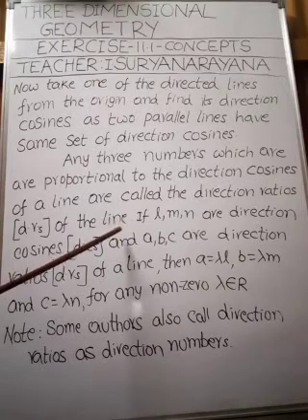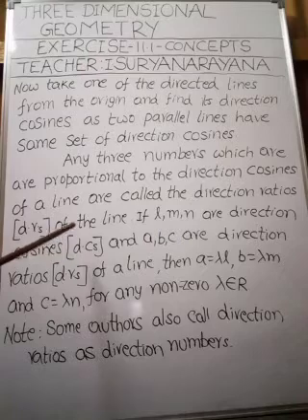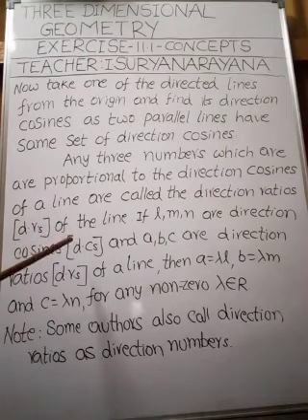Understood this point, my children? Direction cosines of a line are unique, but direction ratios of a line are infinitely many.